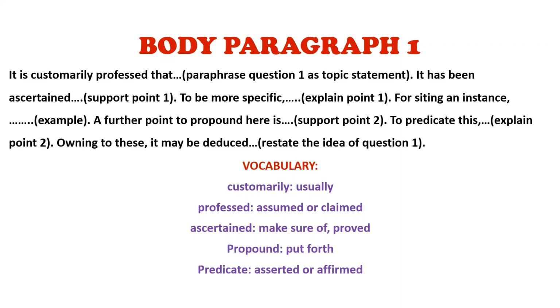Owing to these, it may be deduced. Owing to these points, it may be concluded. So after writing all these things, I'm saying, owing to these, it may be deduced that there will be drastic changes in the digital platform in future. I am saying that because of all of these reasons or points, definitely it's going to change. So I am concluding my question 1.